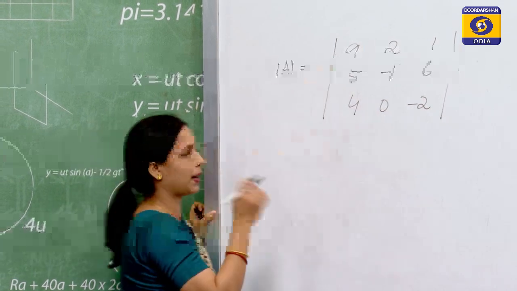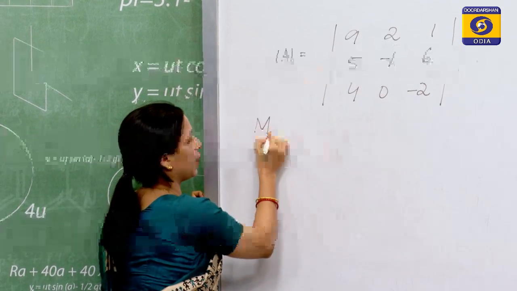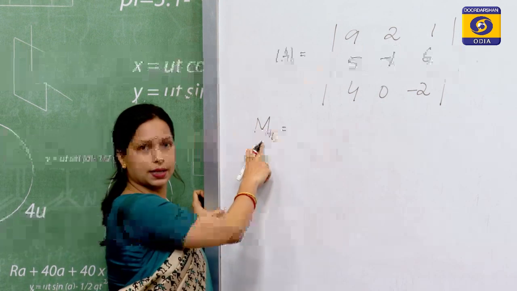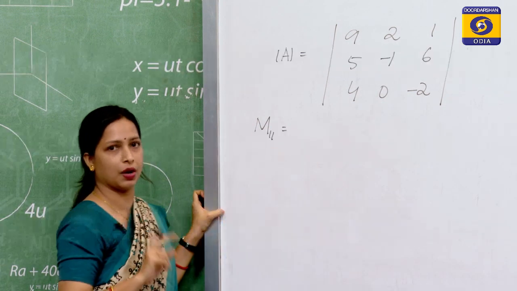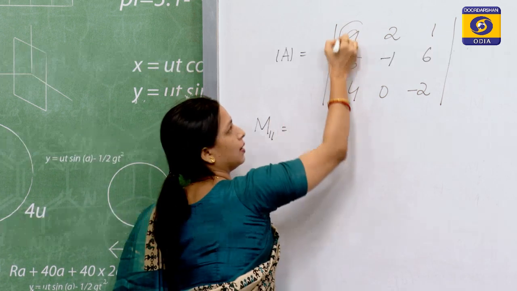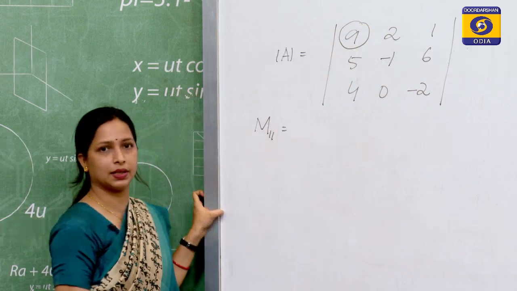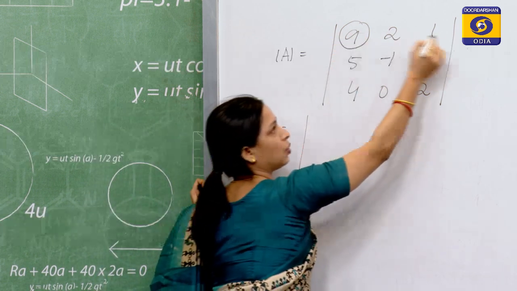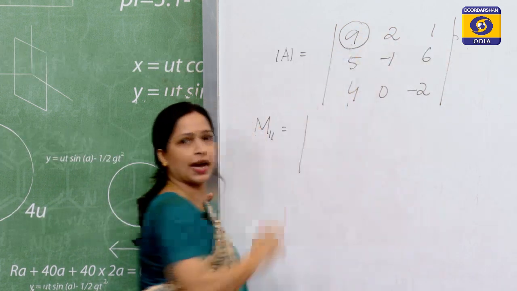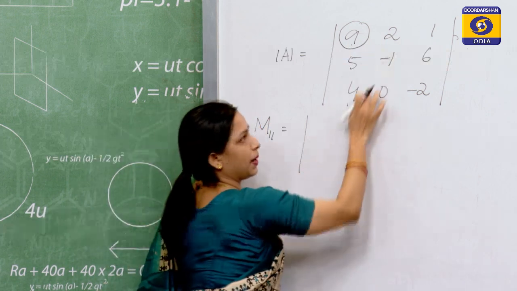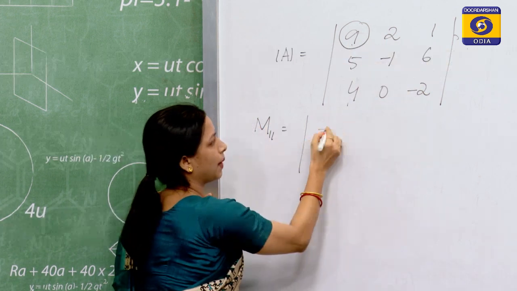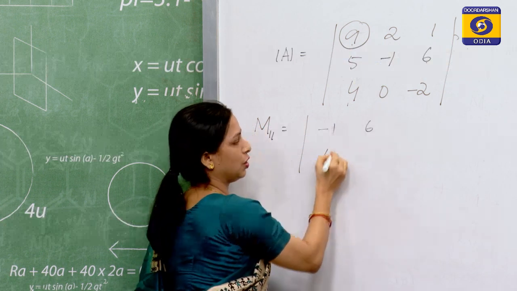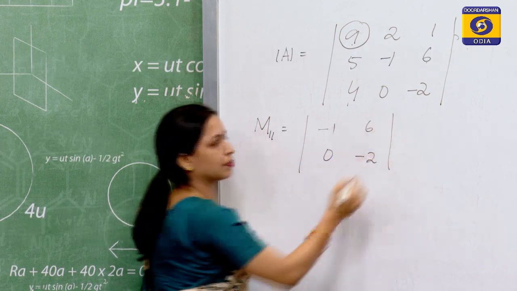Now, let us find out the minors. Let us say M11. M11 means the minor of A11. This is how it is represented. So, this is the element 9. Now, I delete the row and the column in which 9 exists. What is remaining? These 4, -1, 6, 0 and -2, right.